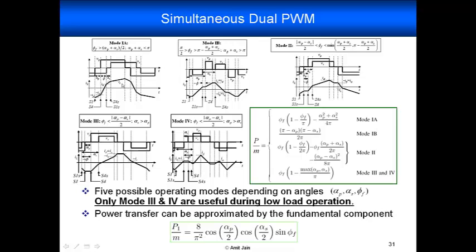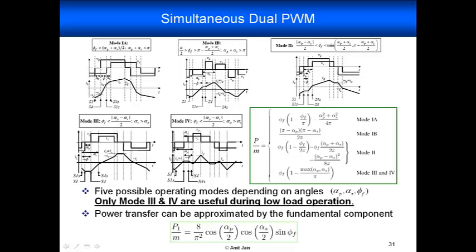This leads to different modes of operation in this converter. There are in all 5 different possibilities depending on the relative values of the phase angle and the duty cycles that you introduce for the two voltages on either side of the transformer.